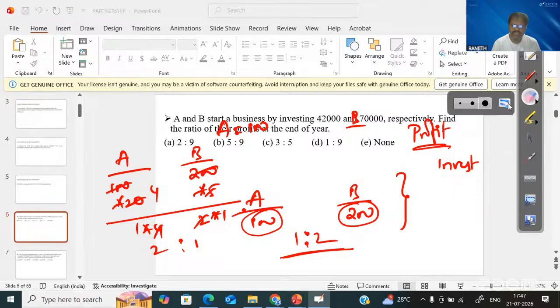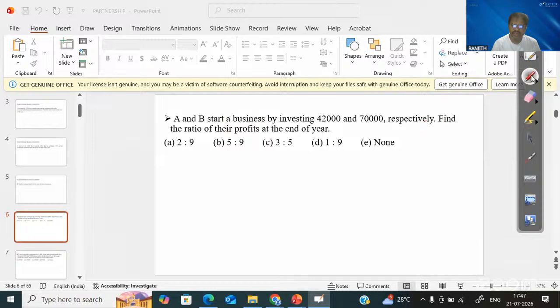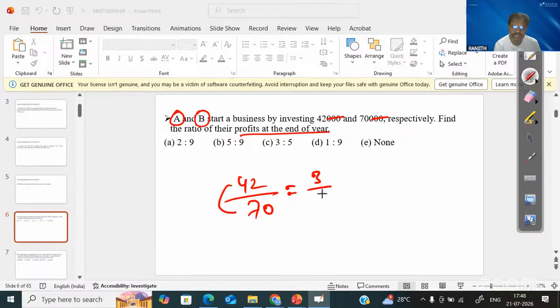A and B started a business by investing 42,000 and 70,000. Find the ratio of their profits at the end of the year. The end of the year is nothing but 1 year, so the time period for both persons will be the same. Out of 42 and 70, three zeros are cancelled. 42 divided by 70 is cancelled by 14: 14 threes are 42, 14 fives are 70. So the investment ratio is 3 is to 5.